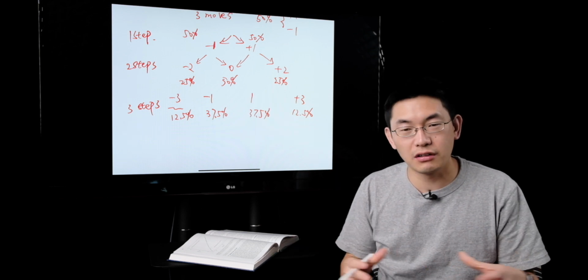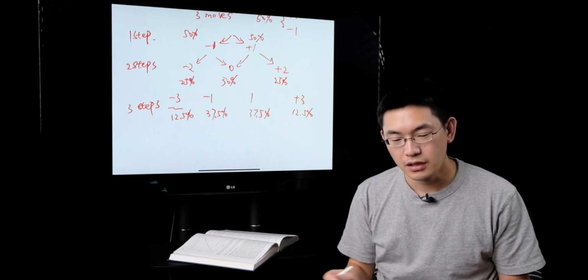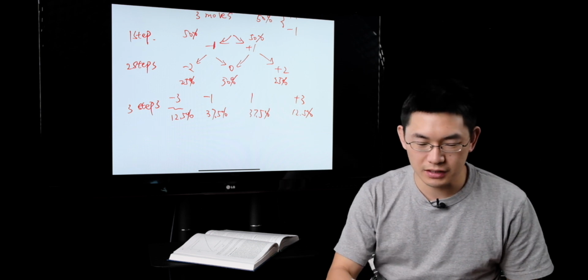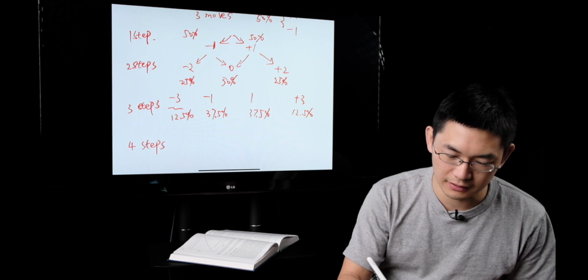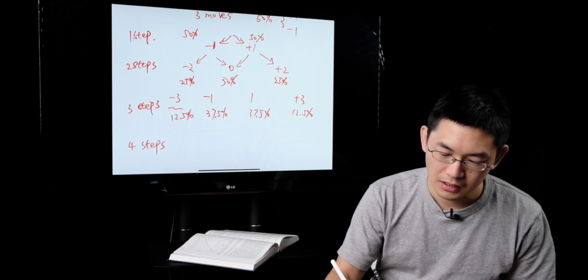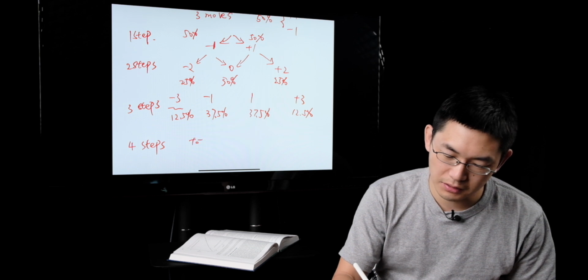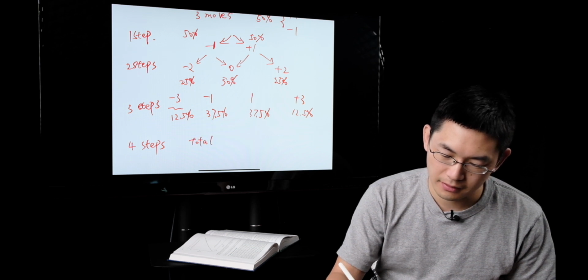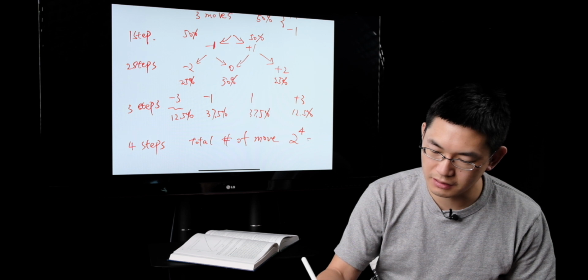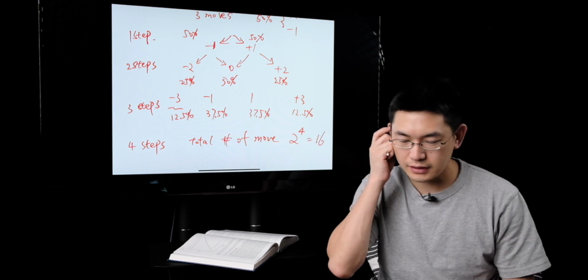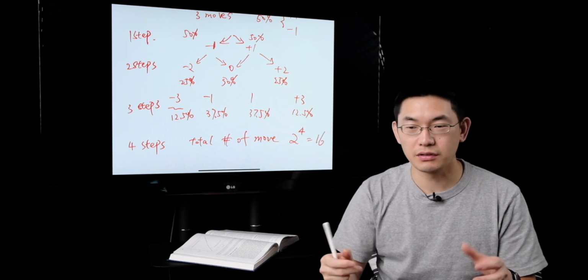So we can generalize this relationship. For the total steps you would take, we don't need 4 steps, but I'll use it as an example. The total number of opportunities would be 2 to the power of 4, so you would have 16 variations.